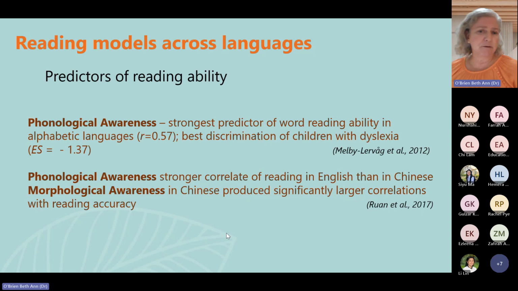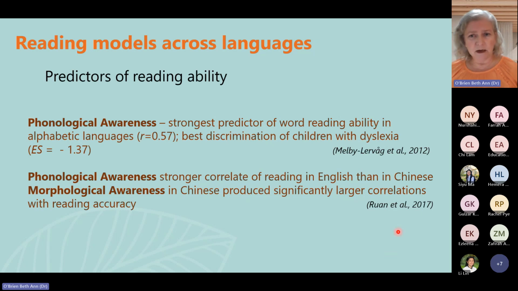So again, this is suggestive that different sub-skills might be contributing more to reading or learning to read. And we see in several meta-analysis studies that this can be true. For alphabetic languages, the meta-analysis by Melby-Lervåg et al. showed that phonological awareness was actually the strongest predictor of reading ability across alphabetic languages. And it was also the best predictor for discriminating children who have developmental dyslexia.